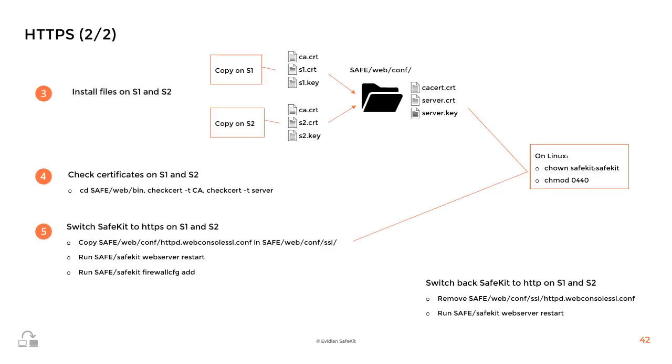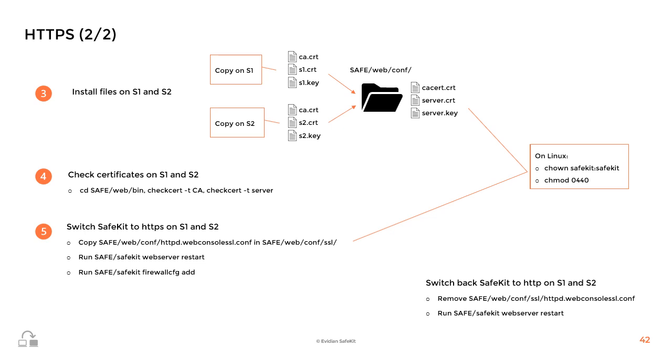Let's now consider the installation of the 3 certificates on the server side. First, take the CA certificate, the S1 certificate, and the S1 key, and place them in the web/conf directory on the S1 server. Rename these files to cassert.crt, server.crt, and server.key, respectively.